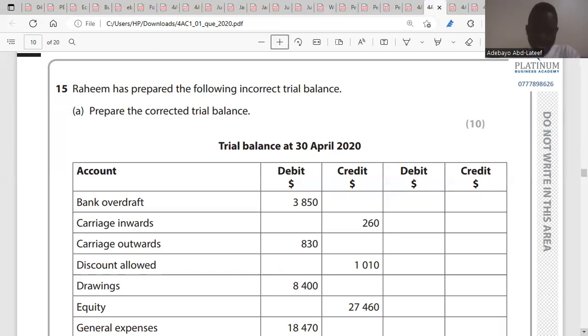So for example, bank overdraft. That means you have taken money from the bank. It's a liability. Bank overdraft is a liability, so it's going to be on the credit side of your trial balance. So I'm going to write bank overdraft credit.